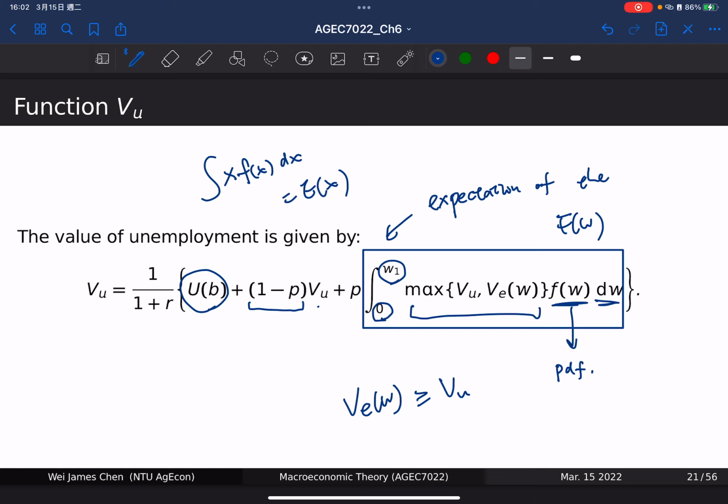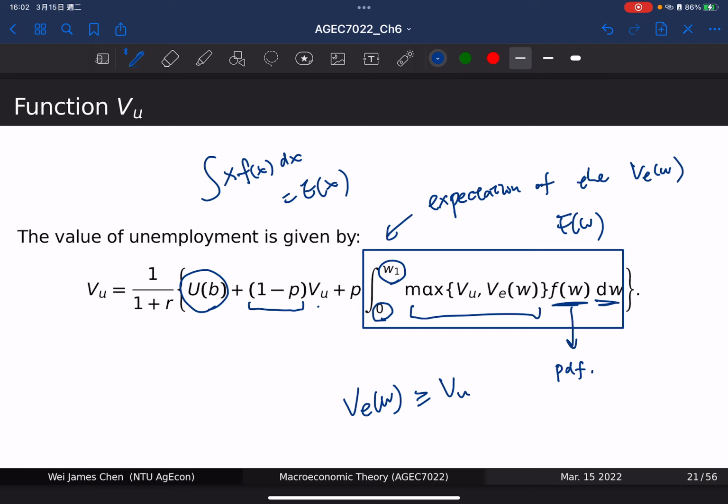You see what I'm doing here? Okay, so that's why I'm taking a max. So, like I said, this is basically taking an expectation of the value of the VE of W. With probability P, I'm going to get that, right?